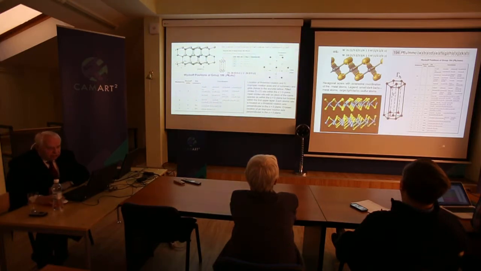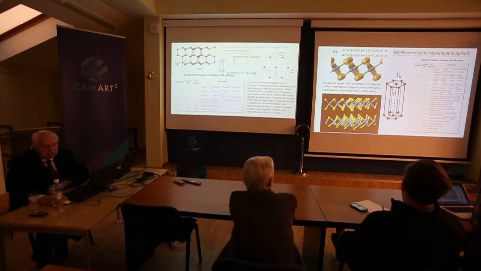So the translation vector along that axis. The same idea: as these layers are moved relative to each other, the rotation axis is a screw axis. This is improper rotation. And here I give the equivalent description. You see that you can change only C and D positions.